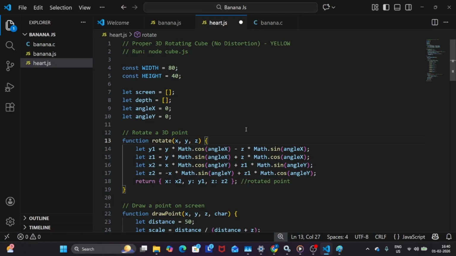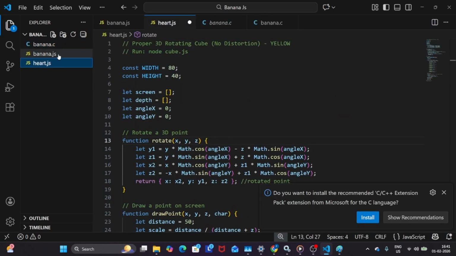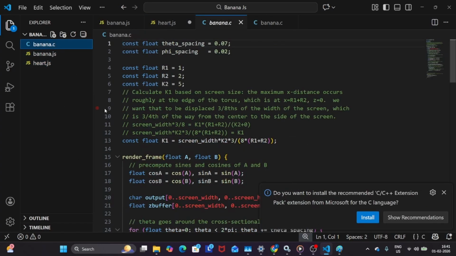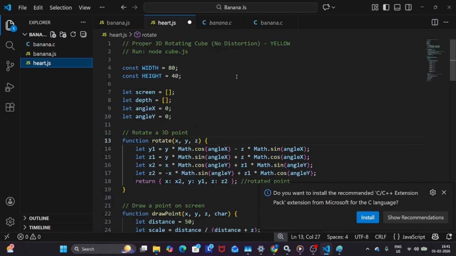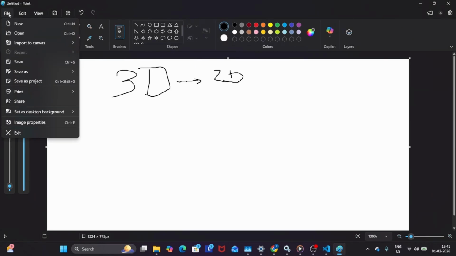I am just understanding it and explaining it to you. First, I thought I should make a banana, so that was what I was practicing, but it failed.